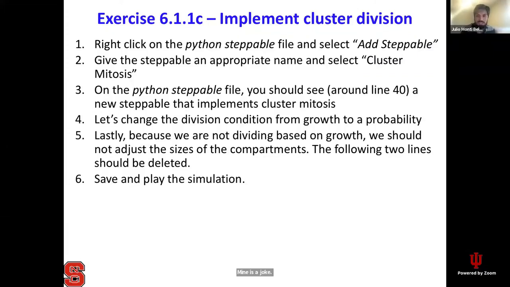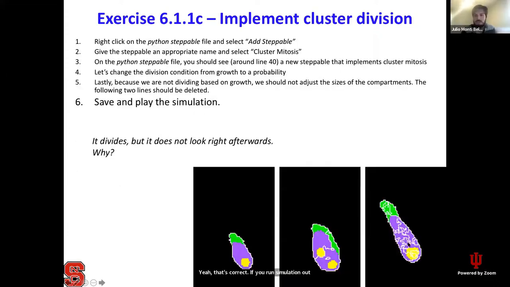So Ali, did you get your cells to divide? Well, I got it to divide, but the lamellipodium is getting detached, most probably because of the contact energy. Yes, that's correct. If you run the simulation now, things are going to look weird, okay? So what you have to do next is set the external contact energies of cells to behave correctly.